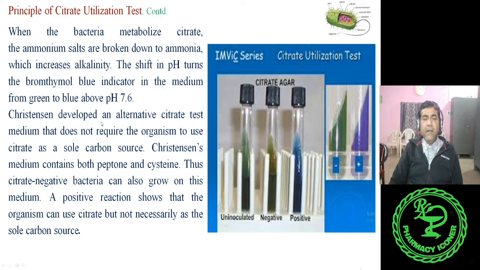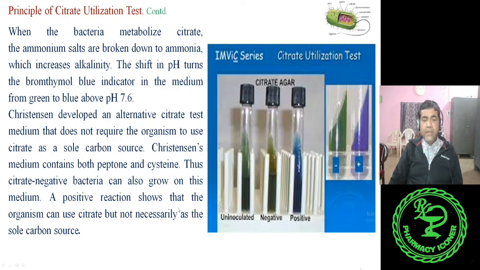Christensen developed an alternative citrate test medium that does not require the organism to use citrate as the sole carbon source. So Christensen's medium contains both peptone and cysteine. Thus, citrate negative organisms can also grow on this medium.